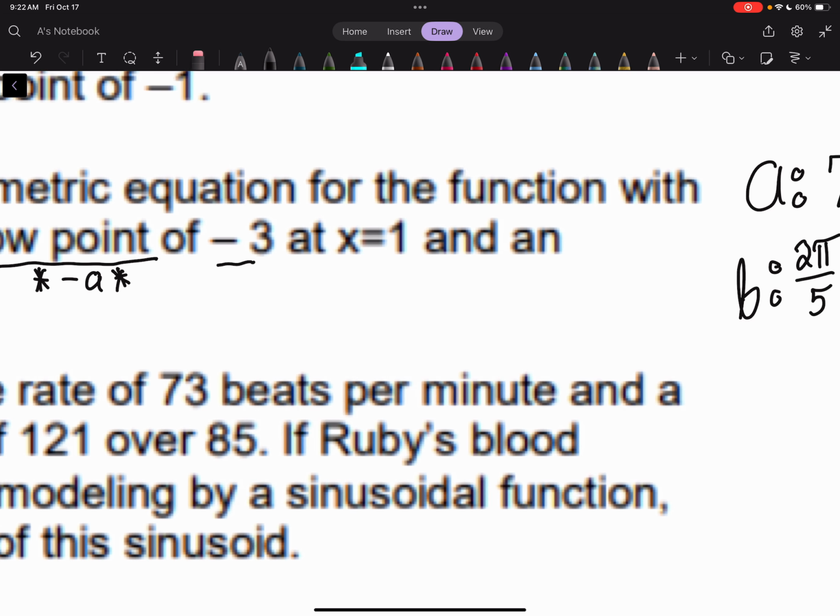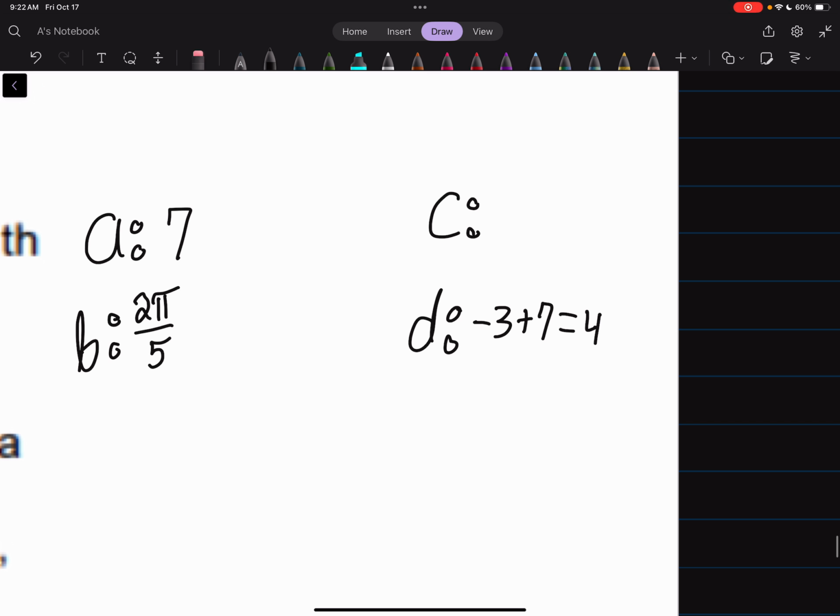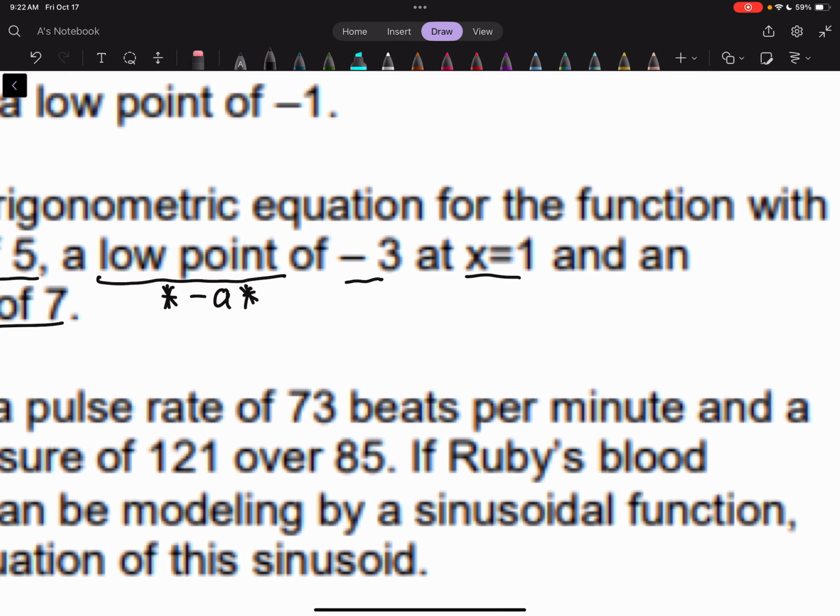Lastly, this occurs at x equals 1, which means I'm shifting this to the right 1 unit. Therefore, c is -1. Okay. My equation, y is equal to -7 cosine.